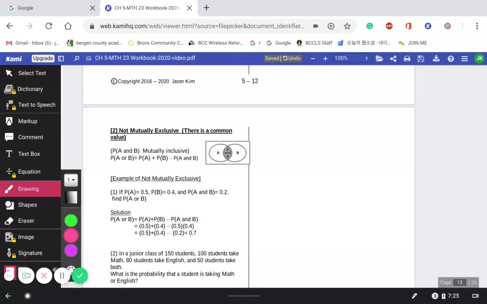When there is a common value, P of A or B would be not only P of A plus P of B, you have to take away the common one, which is P of A and B. Okay, that's the formula in case you have not mutually exclusive.